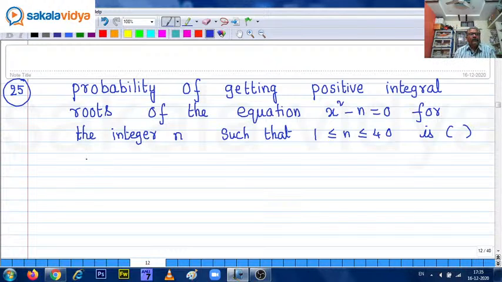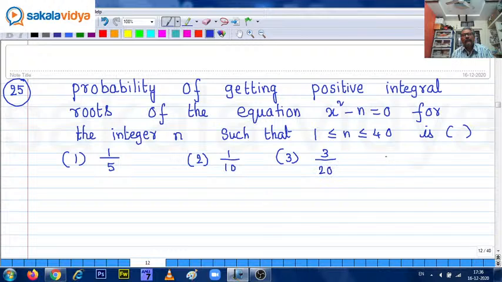First option 1 upon 5, second option 1 upon 10, third option 3 upon 20, fourth option is 1 upon 20.